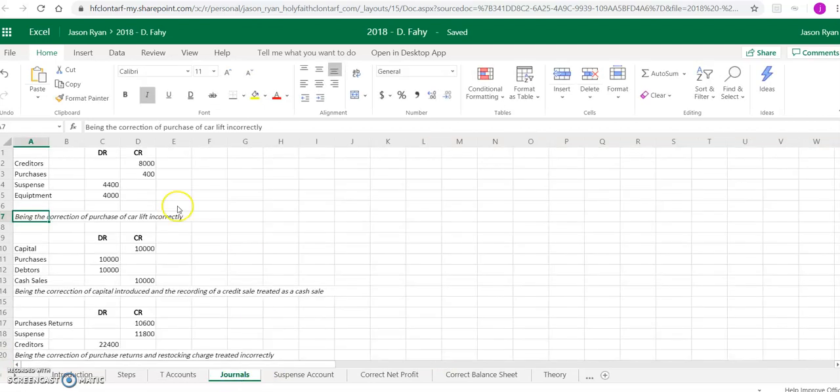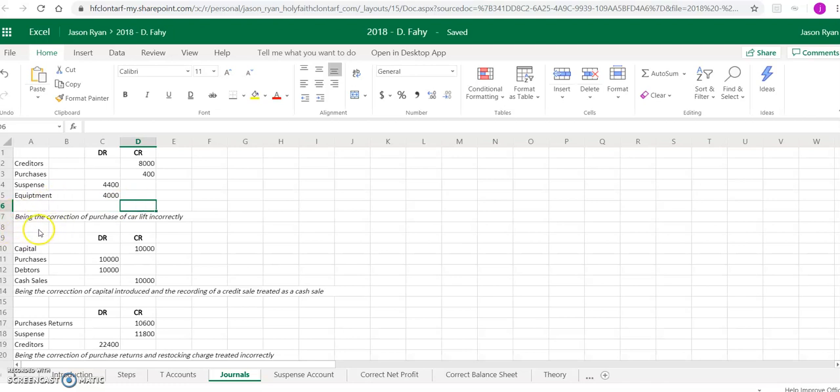Your journal then will look something like this. So you have your creditors credit 8,000, your purchase credit 400, suspense debit 4,400, your equipment debit 4,000. So we know we have 8,400 on the debit side and 8,400 on the credit side.